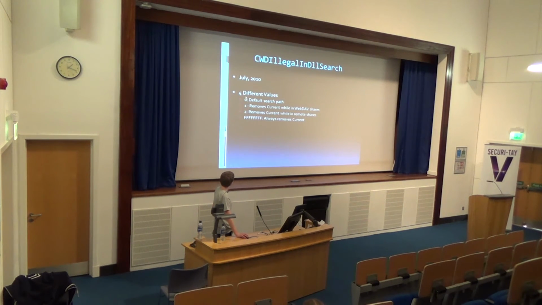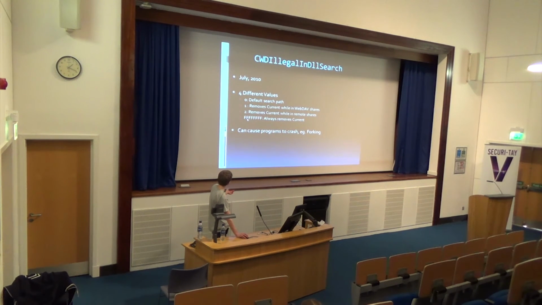It's a registry value that has 4 different legal values. 0 is switched off, it just stays on the default search path. 1 will remove the current working directory when you're in a WebDAV share, and 2 removes it while in a remote share. So it mitigates against DLL hijacking in network shares. Or you can put FF, which always removes the current working directory no matter where you are in Windows.